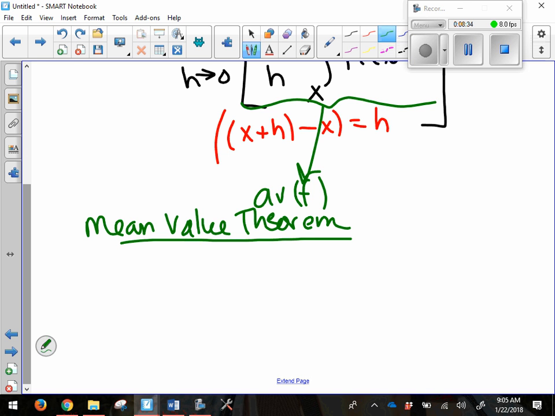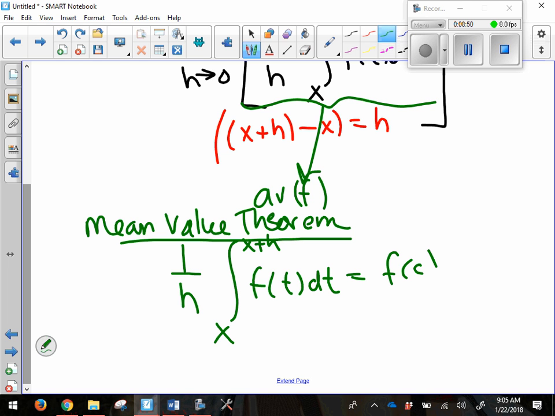The mean value theorem tells you that if I take 1 over h times the integral from x to x plus h of f of t dt, that has to be equal to f of some value c.